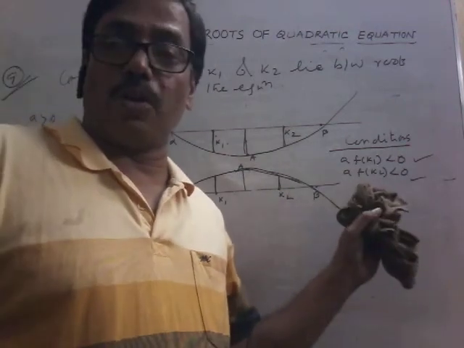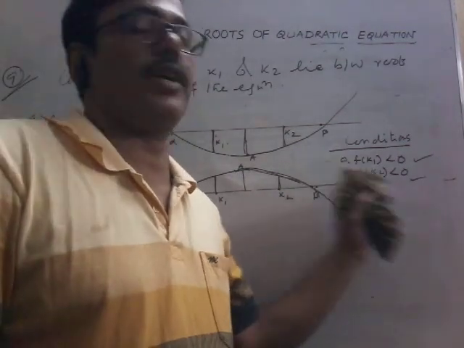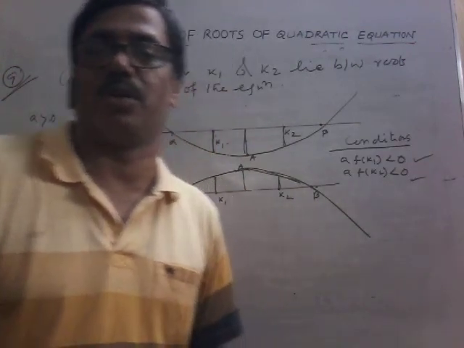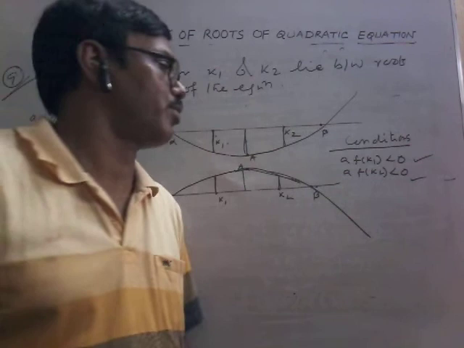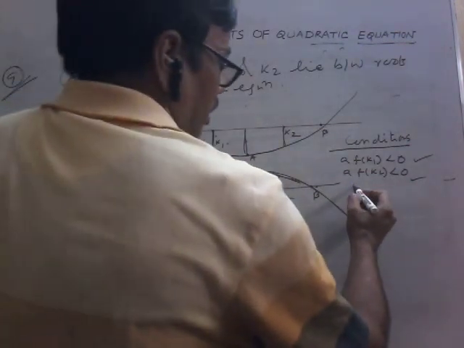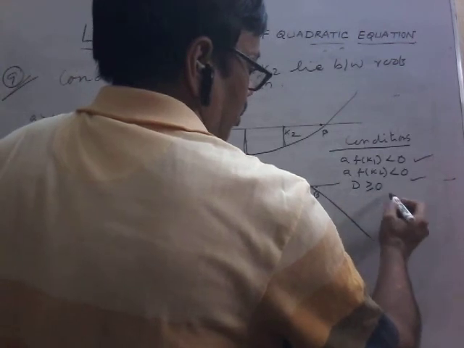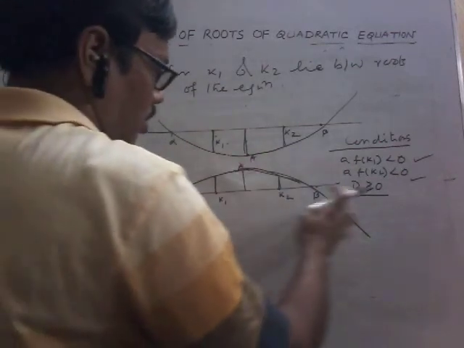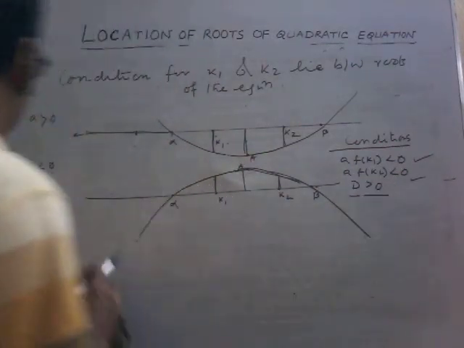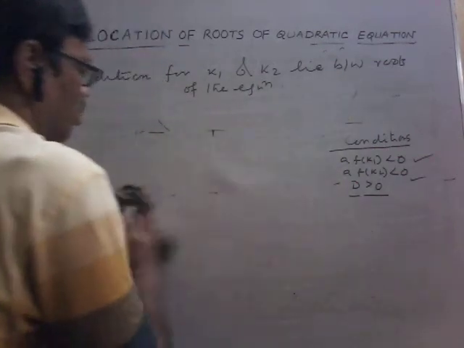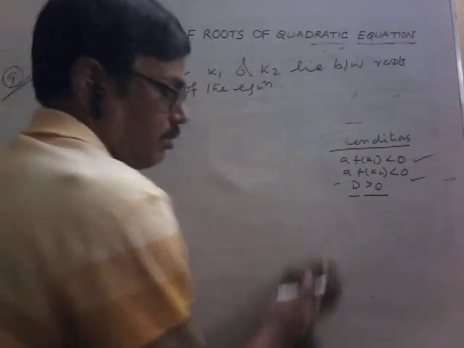So for both figures you get the same condition. If you draw one figure, then you get the condition; no need of the second one for solving problems. And obviously d greater than or equal to 0, since there are two roots. Now write an application.